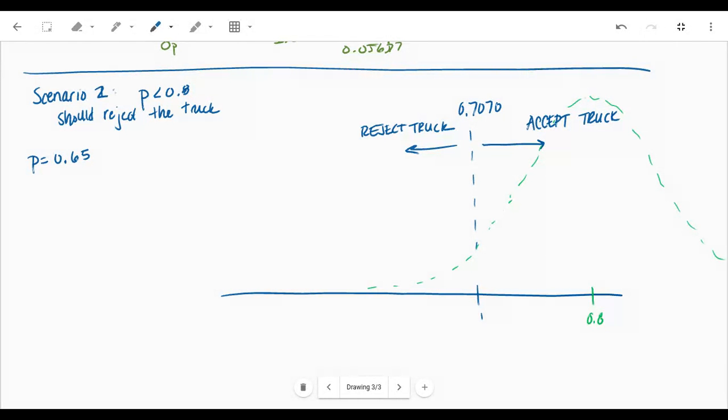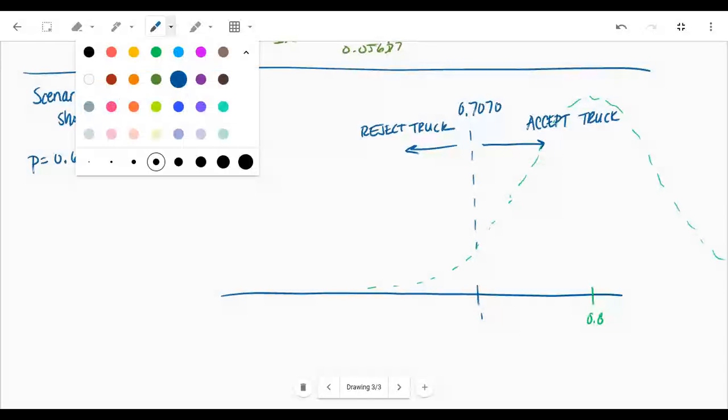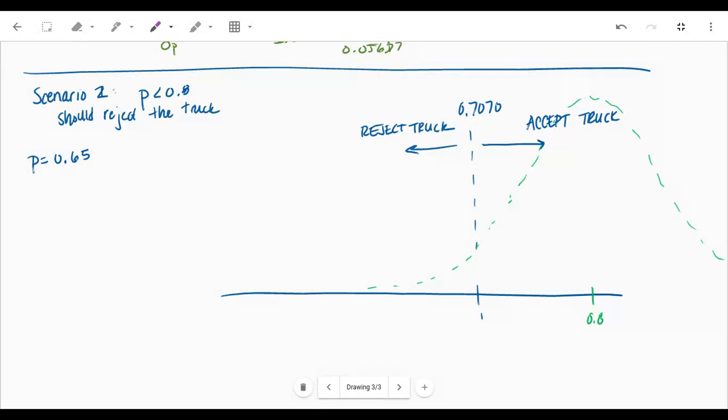Let's say this is true, so p equals 0.65. Let me get a different color here for this. 0.65 is right here.